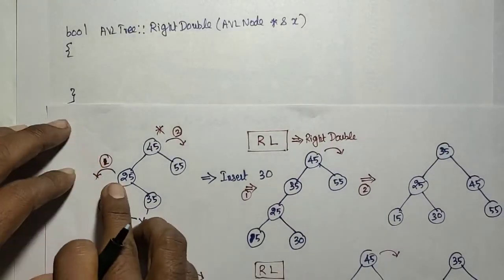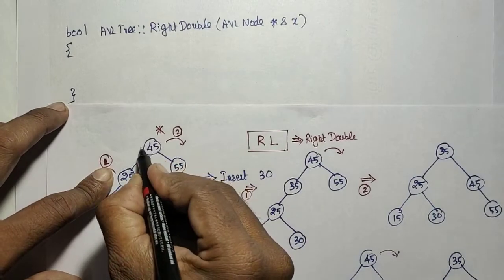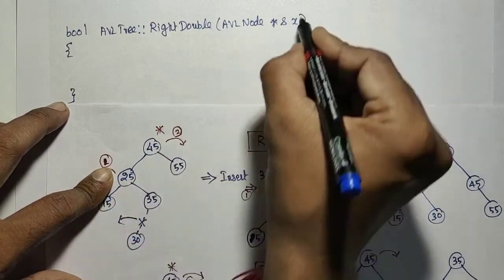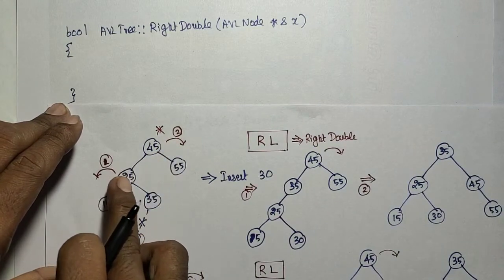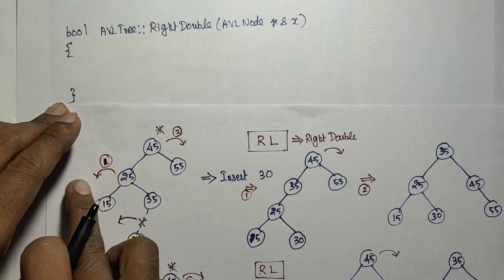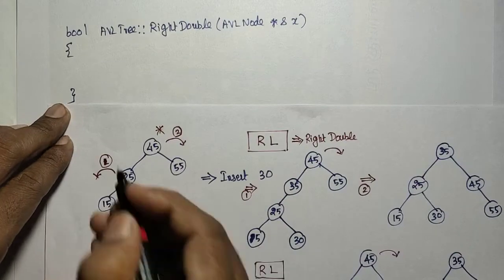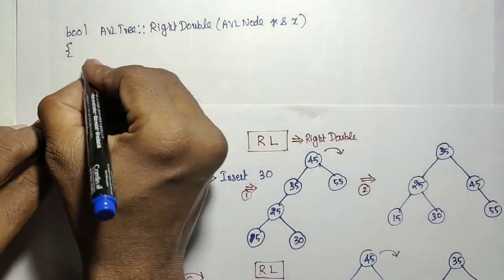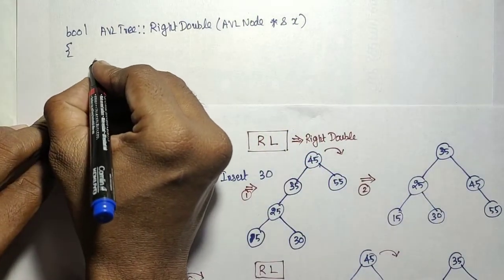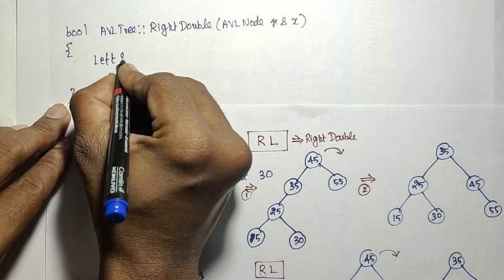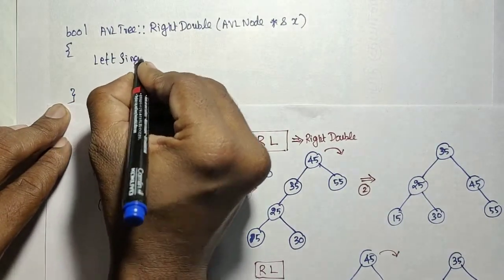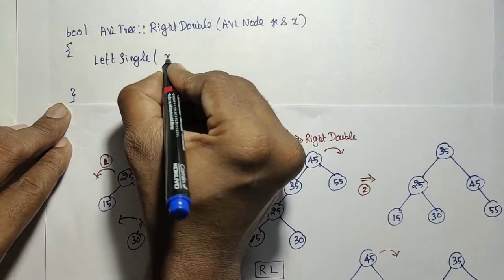So say this is that x. Okay, this node is x. What we have to do is the left subtree of x has to be rotated on the left side a single time. So I have to call left single of x of left.